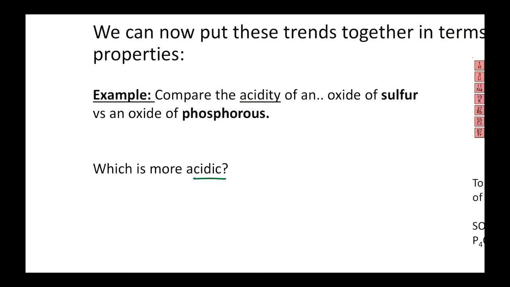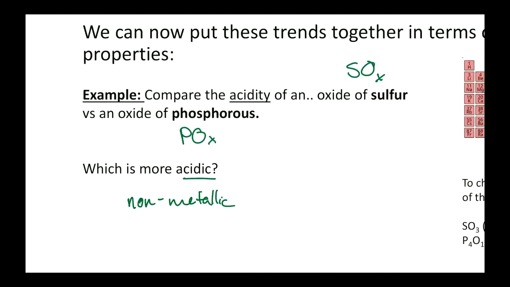So we're looking for non-metallic character. So really, this question is asking which one is more non-metallic. All right, so we have an oxide of sulfur. We don't actually need the formula, so I'm just going to call it SOx. I don't know how many O's, so I'm going to call it SOx. And then an oxide of phosphorus. What do you think I'm going to call that? POx. Yeah. Okay. I don't know why I think that's funny.